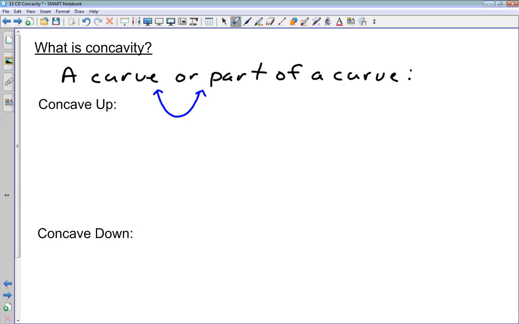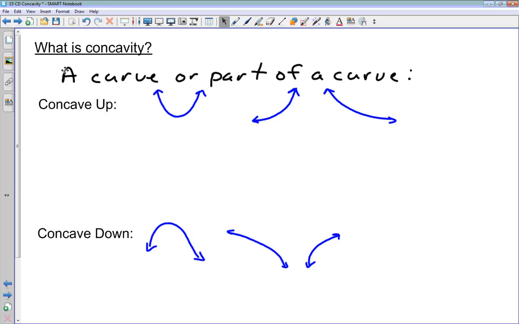And if it was concave down, it opened down like that. Now we can apply that same sort of concept to part of a curve. A curve can be concave up if it looks like this, where we're just taking the right-hand part of that parabola, or if it does something like that, where we're just taking the left-hand part. Same thing with concave down. A curve that is concave down could also look like this, or could also look like that.